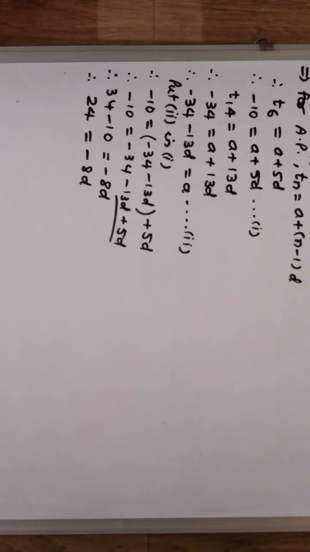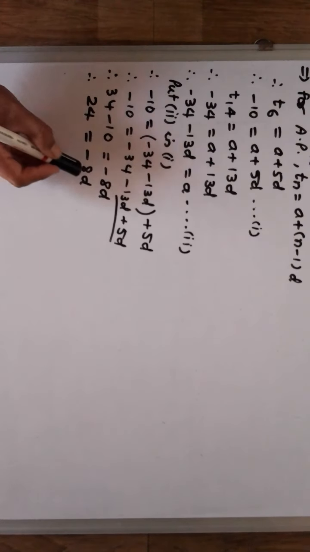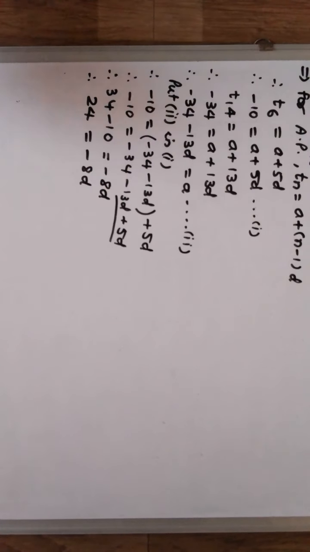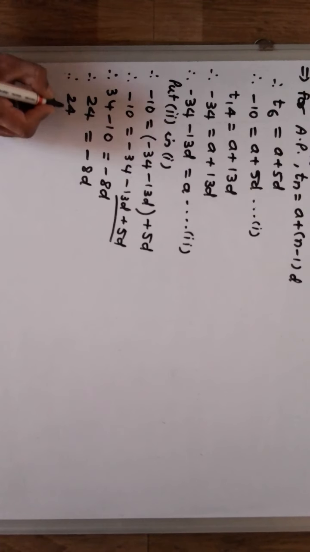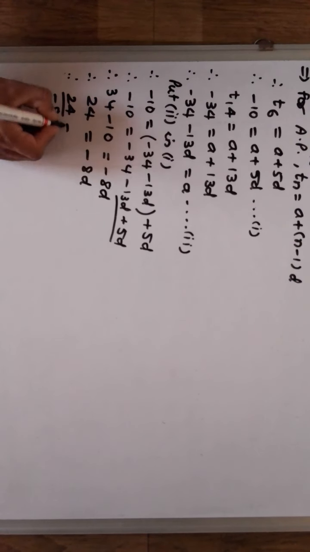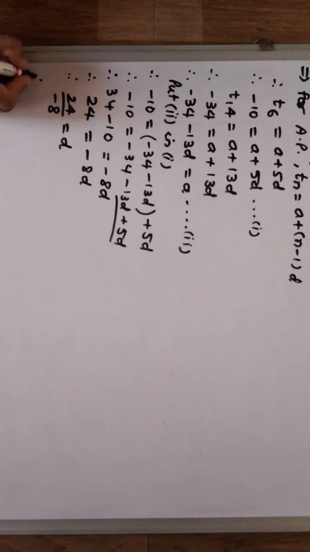It will become addition. Yes or no? No, it is wrong, because we are breaking the bond between these two. The bond is multiplication. So this minus 8 is transferred here, so you get 24 upon minus 8 is equal to d.